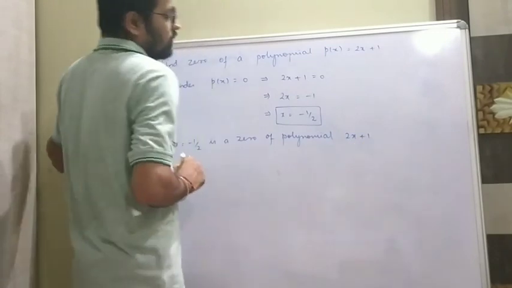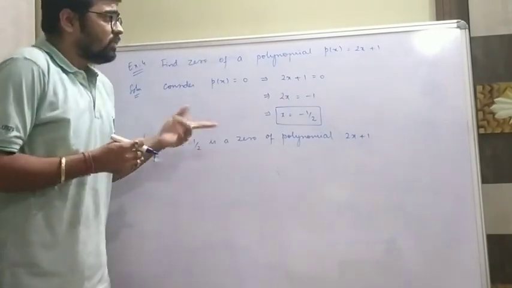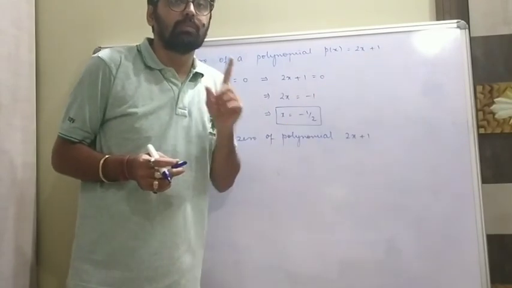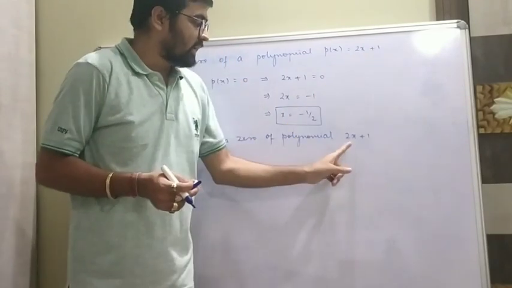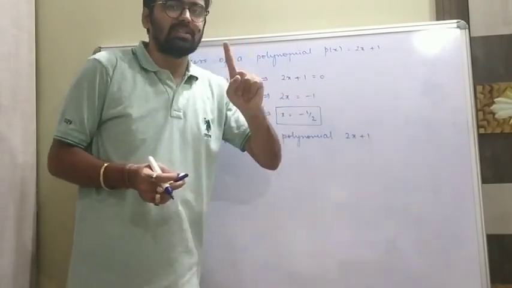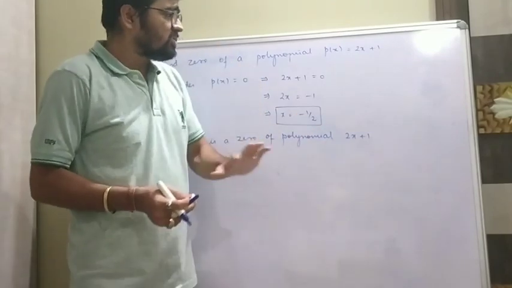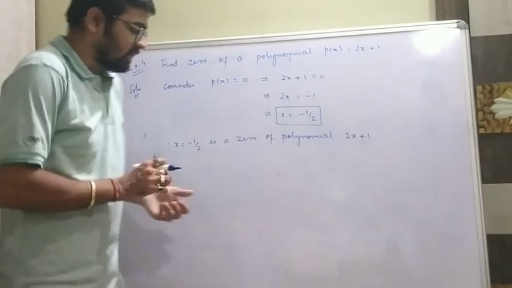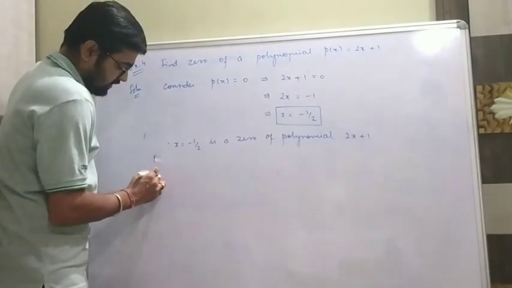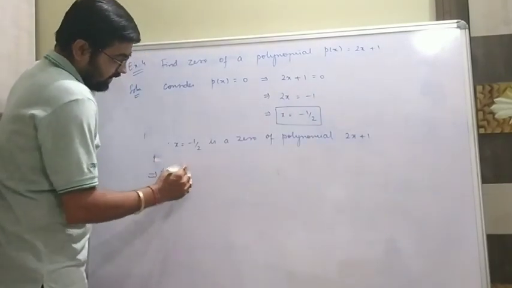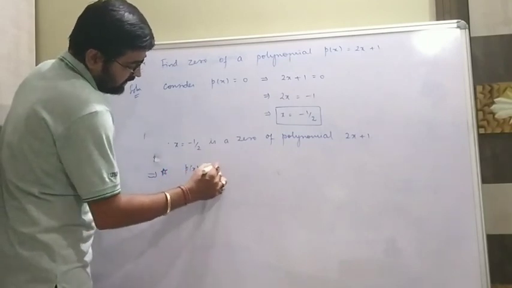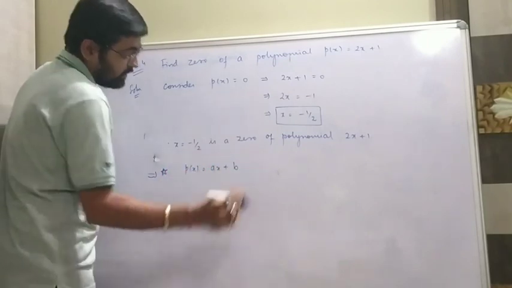So what I know is that this kind of a polynomial is called a linear polynomial based on degree. As we can see, the degree is 1, maximum degree is 1. So can we generalize this? Let's make it a general problem out of this. So let's consider that I have a general linear polynomial ax plus b.